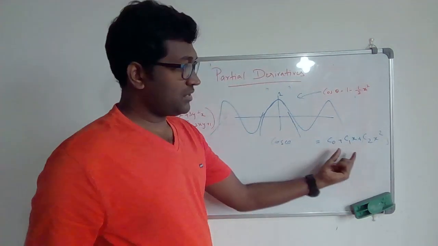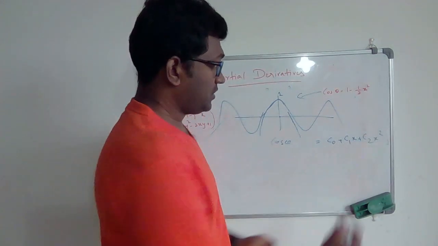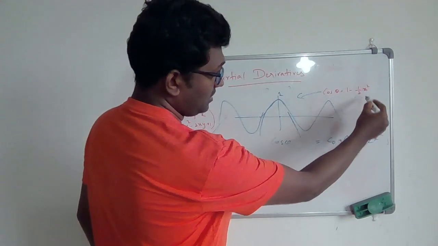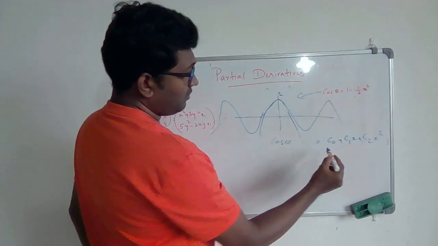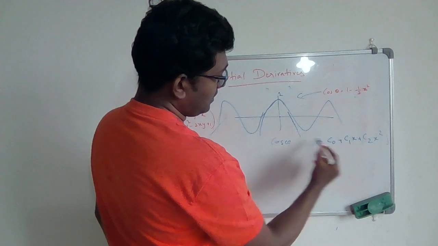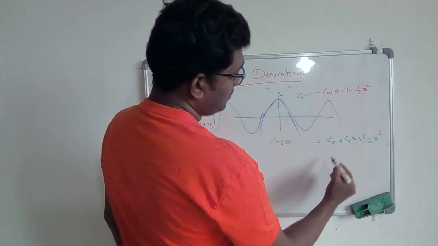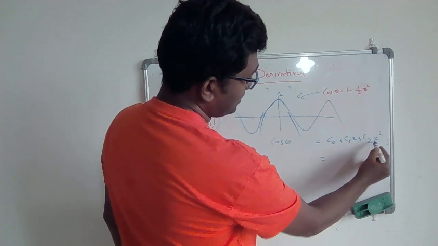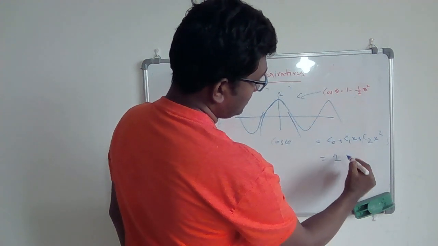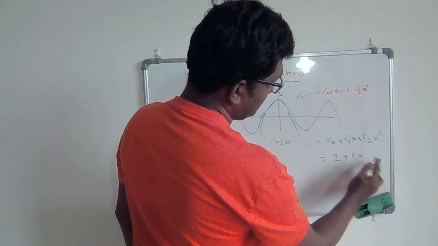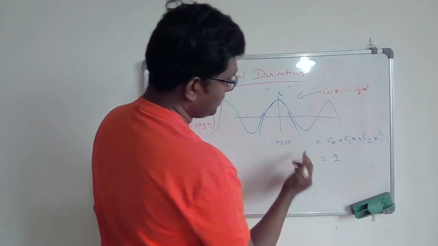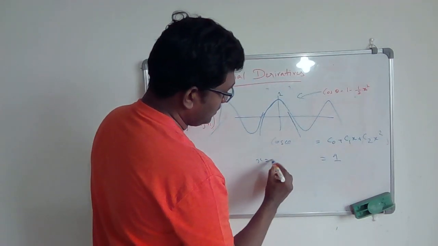This is a polynomial equation of degree 2, and we're trying to approximate this function with it. At x equal to 0, the value is 1, so it becomes 1 plus C1x plus the rest, where everything else becomes 0.